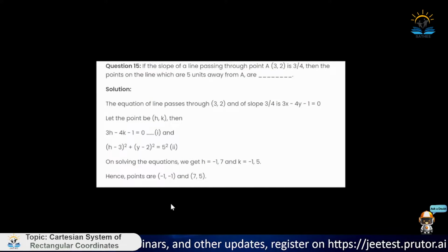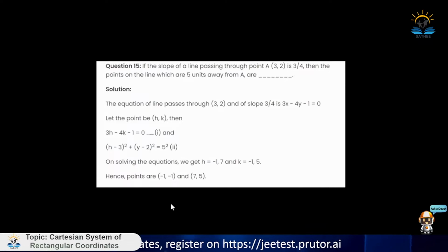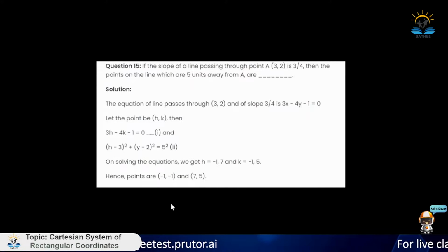which is: the slope of a line passing through point A 3, comma 2 is 3 by 4. And the points on the line which are 5 units away from the point. As you can see here, we have the cos theta and sin theta. You want to know the points. So here r can be positive, r can be negative, because the point can be ahead of the point or before the point itself.